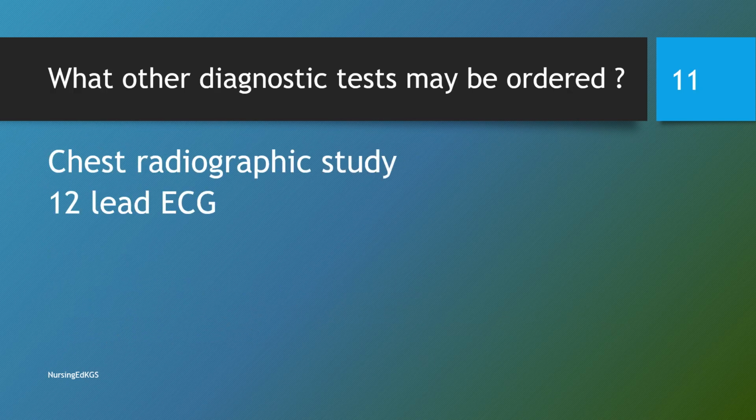Which other tests may be ordered? Now, the tests that are displayed below are not diagnostic for pulmonary embolism, but they can give you insights about maybe concurrent problems that might be going on with the patient.